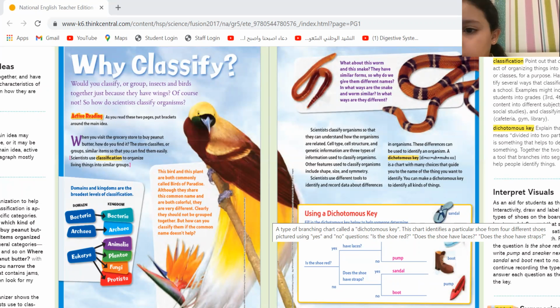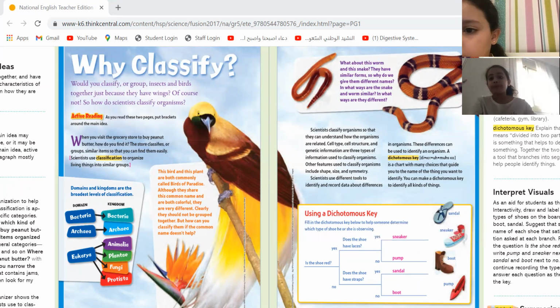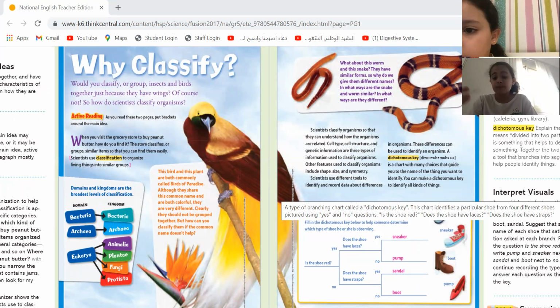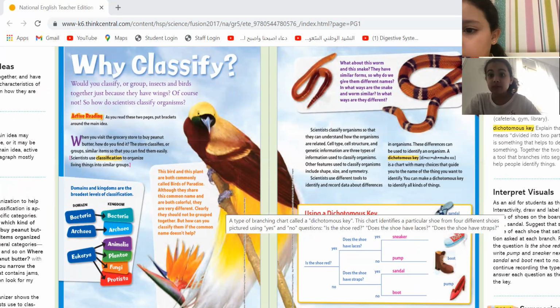You want to know what shoes you are observing, okay? So this chart is going to help you identify the thing that you are looking for. Now, are the shoes red? Yes or no? Let's do it together. Are the shoes red?